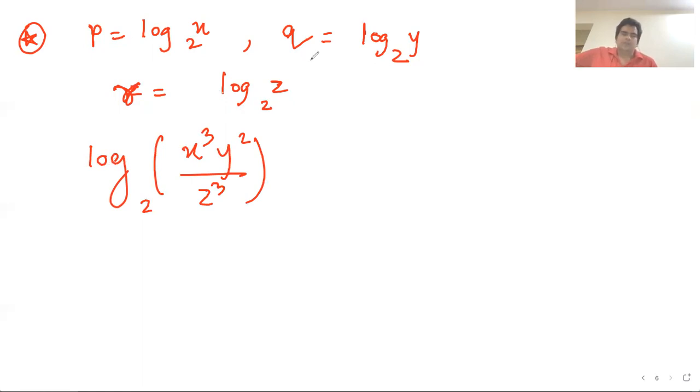Now, if these are the values of P, Q, and R, I want to find the value of log of x cubed y squared over z cubed to the base 2 in terms of P, Q, and R. I repeat again, P is log x to the base 2, Q is log y to the base 2, and R is log z to the base 2. You've got to write this in terms of only P, Q, and R.